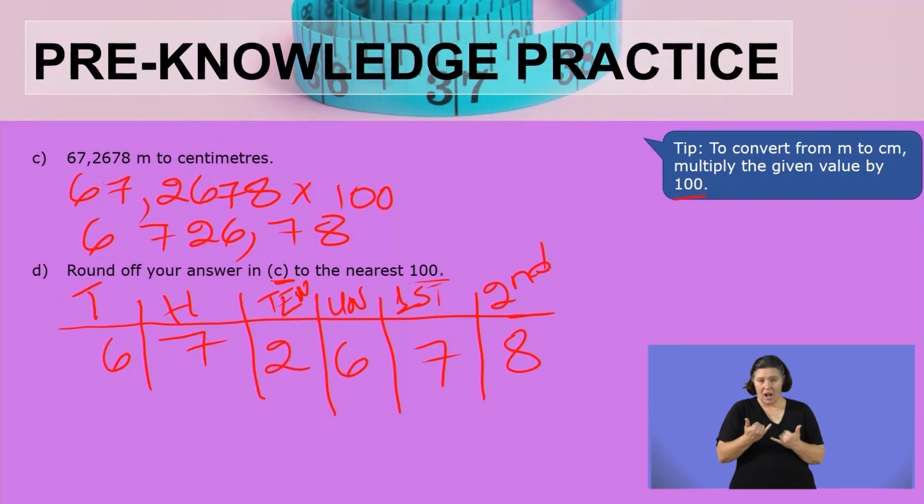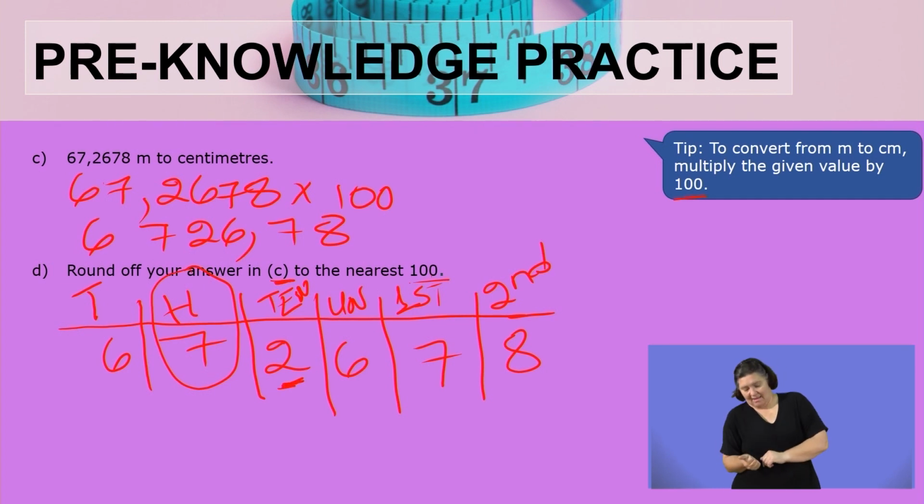Now we need to round off to the nearest 100, so our focus will be on the 100. Remember, when we round off, we look at the number immediately after that and check whether we should round up or round down. Now that this value is less than 5, we are going to round down.